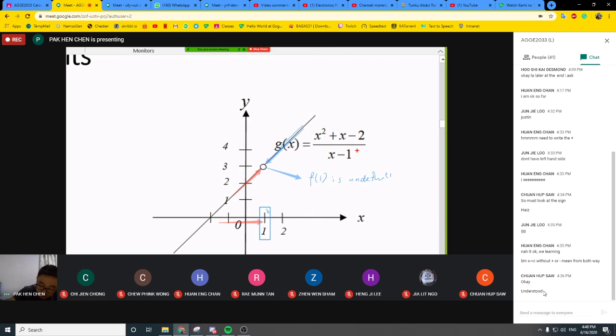They are approaching the same value, and therefore the limit still can be defined. The limit as x approaches 1 still can be defined as 3.